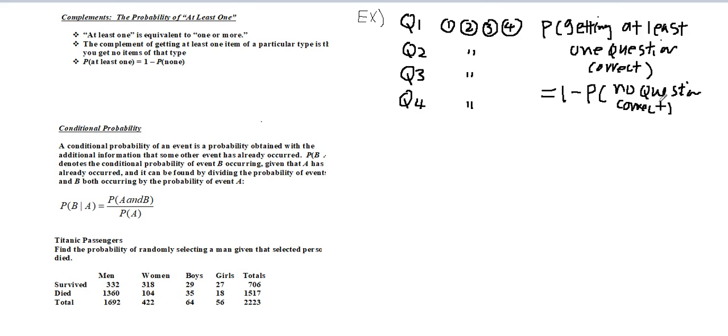Each question has a 25% probability of being right, because there's only one right answer: 1 out of 4, or 0.25. And the wrong answer is 3 out of 4, so that's 0.75.